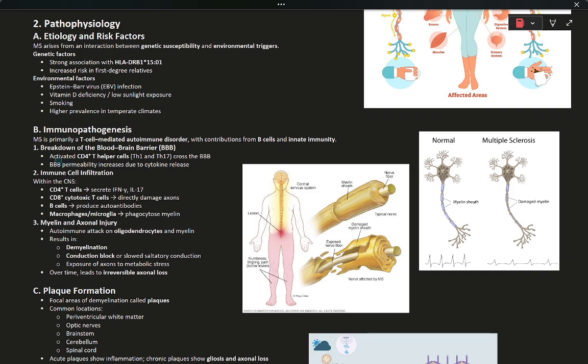So we have activated CD4 plus T helper cells like the Th1 and the Th17 that cross the blood-brain barrier, and then the blood-brain barrier permeability will increase due to the cytokine release.